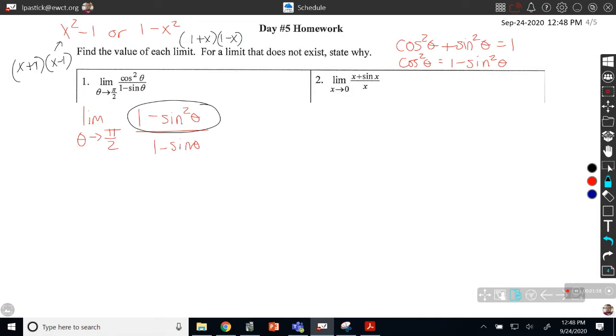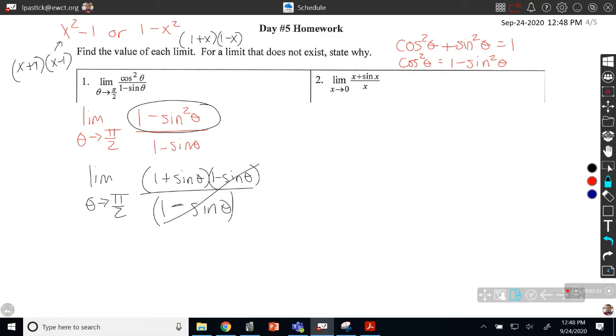So now we're going to go limit as theta approaches pi over 2 of 1 plus sine of theta times 1 minus sine of theta over 1 minus sine of theta on the bottom. These two things right here cancel out.